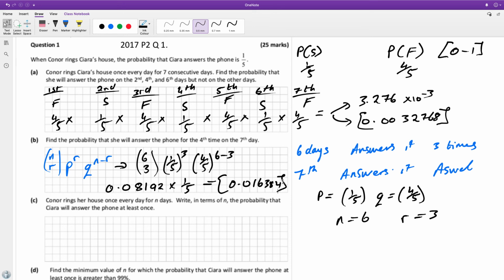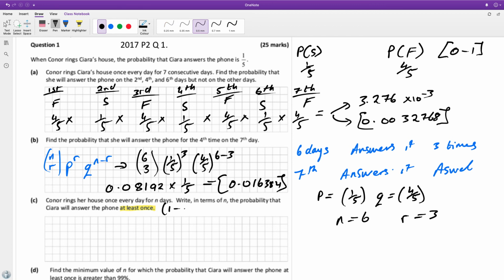Connor rings her house once every day for n days. Right, in terms of the probability that he will answer the phone at least once. Anyone know what the important phrase there is or word? At least once. Brilliant. What does at least once mean? It's a formula we need to know.